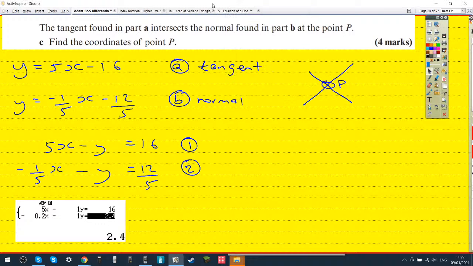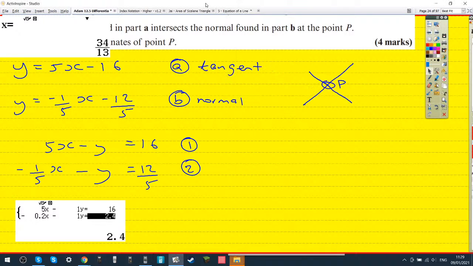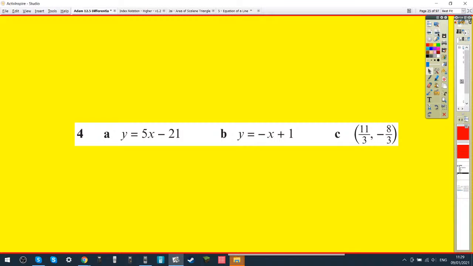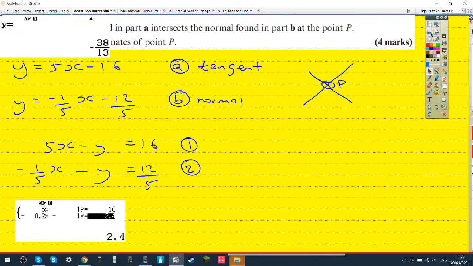And y is minus 38 over 13. So, looks very wrong, but we'll see if it is. Oh, was this the one with the wrong answer? Yeah, this was the one where I didn't have the right answer. I need to fix that. But, okay, great. That's good.